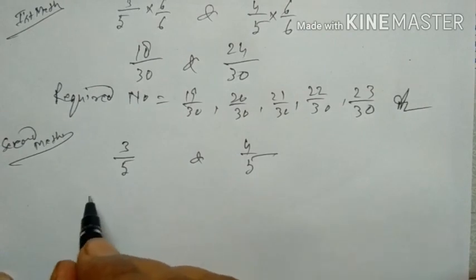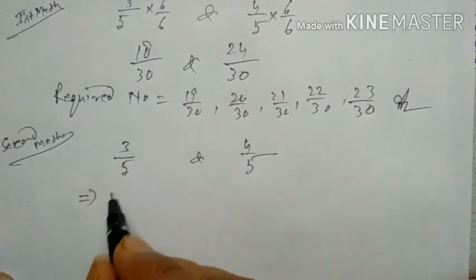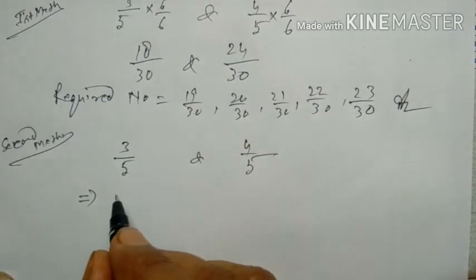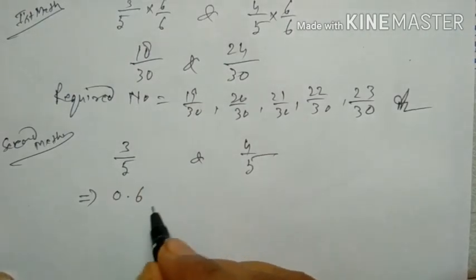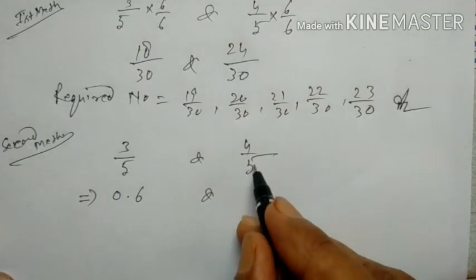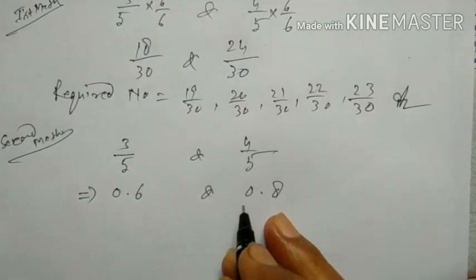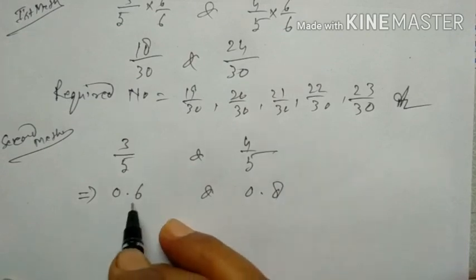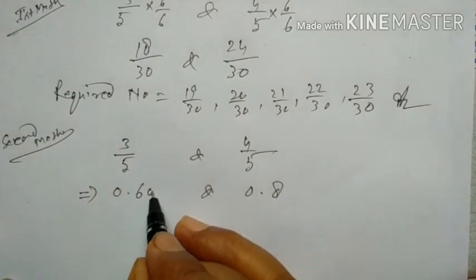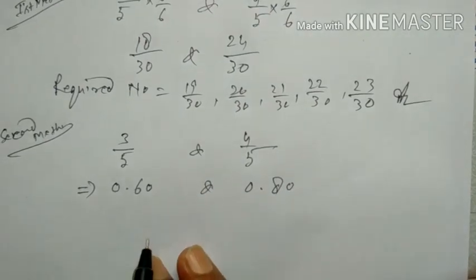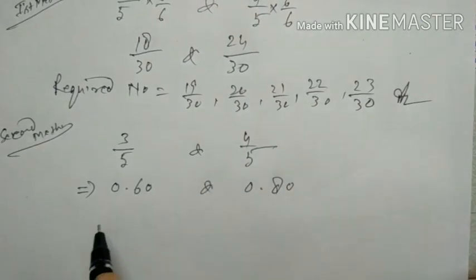So we divide 3 by 5, it becomes 0.6, and 4 by 5 becomes 0.8. Now you can take a 0 here, there will be no change in their value.